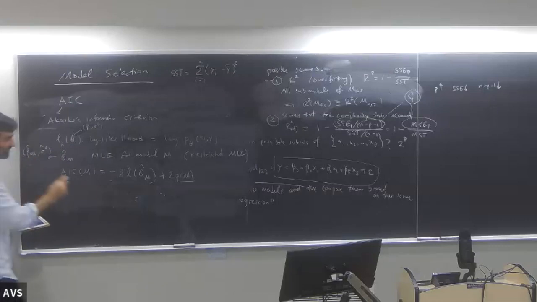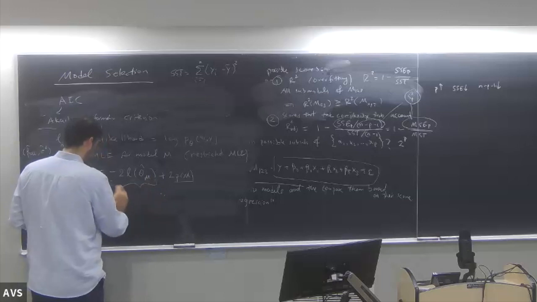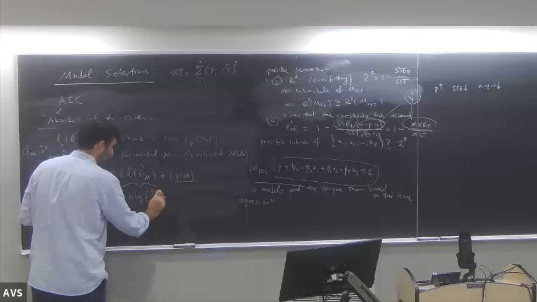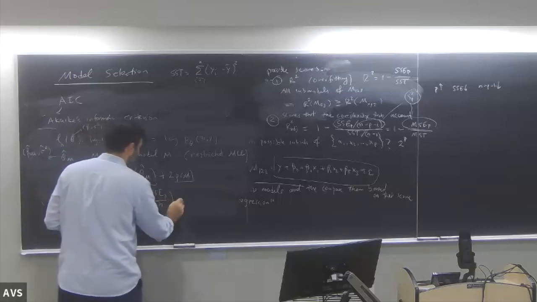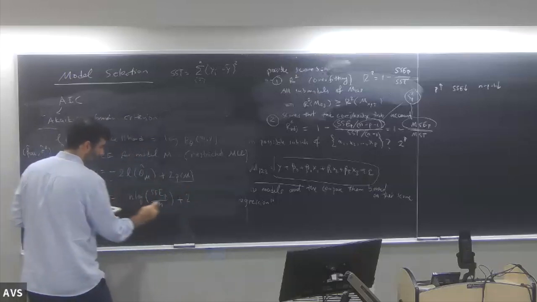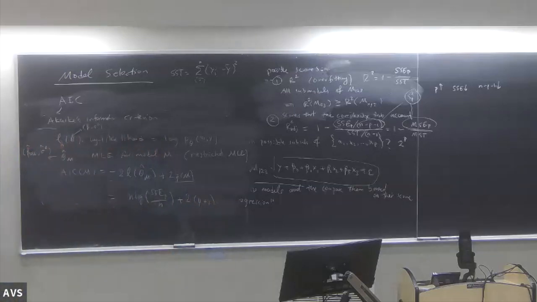You plug it into the likelihood, and for the Gaussian case you get n log of SSE divided by n, plus 2 times p plus 1, where p plus 1 is the number of parameters of the model.